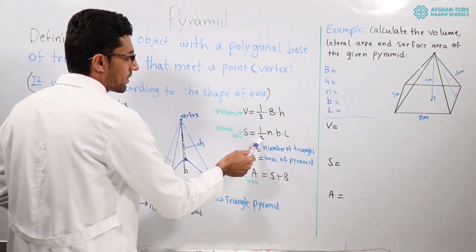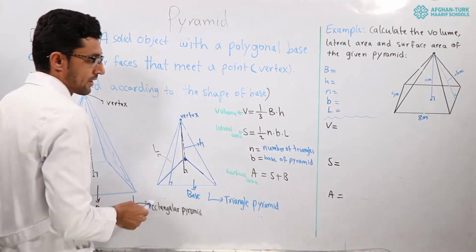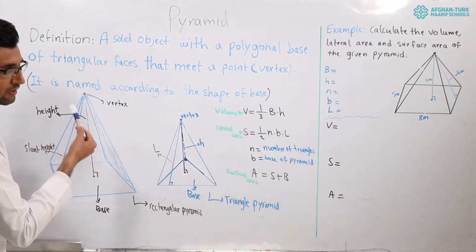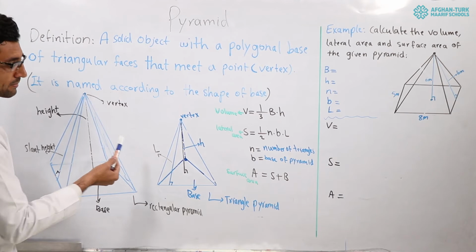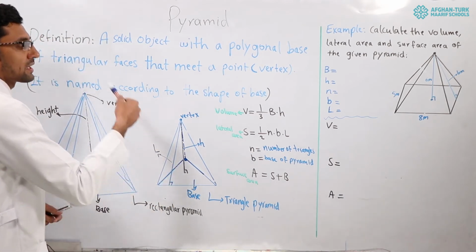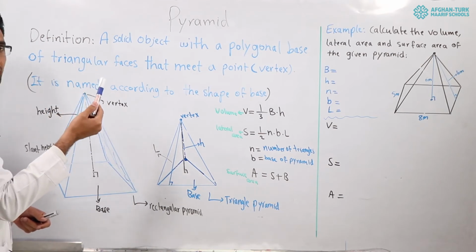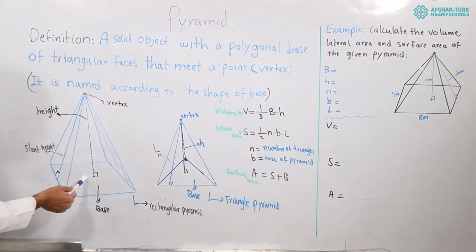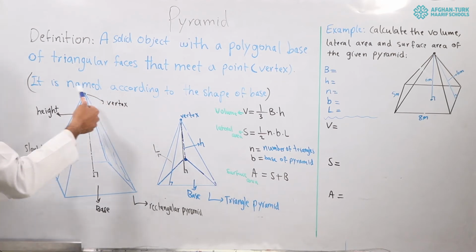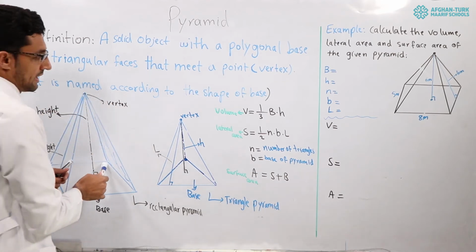S is equal to 1/2 NBL. What is N? N is the number of triangles around the pyramid. If it is a triangular pyramid, it has 3 triangles. If it is rectangular, it has 4 triangles: front, back, right, and left.